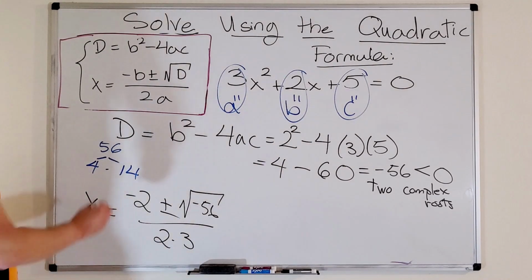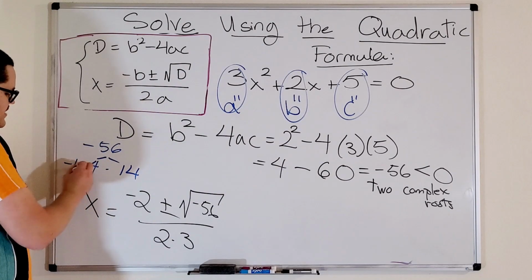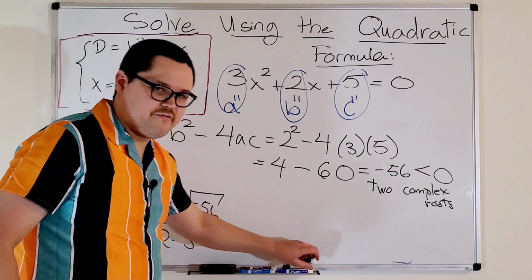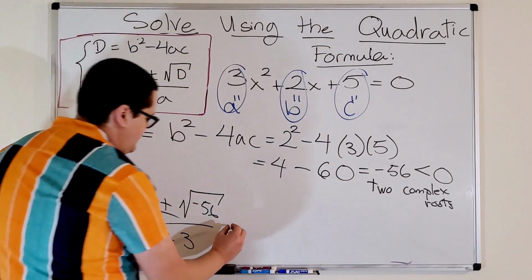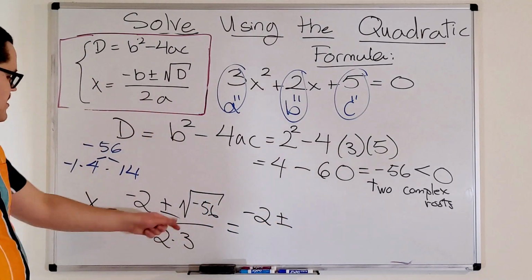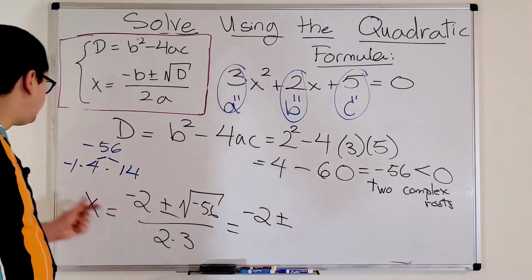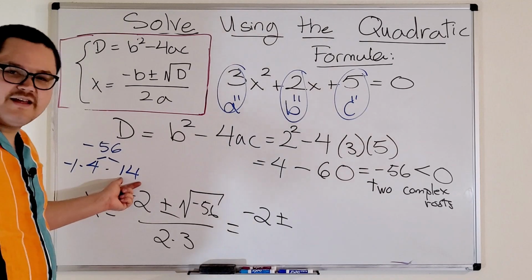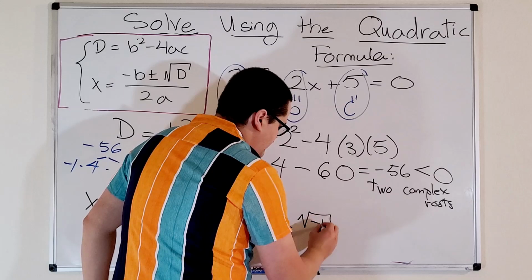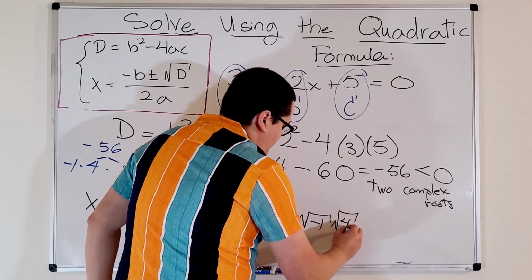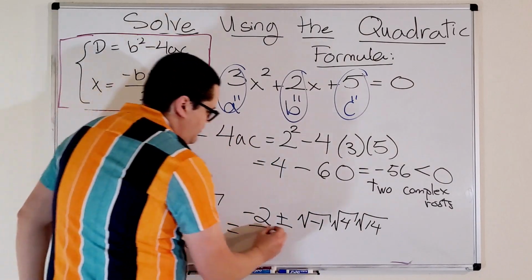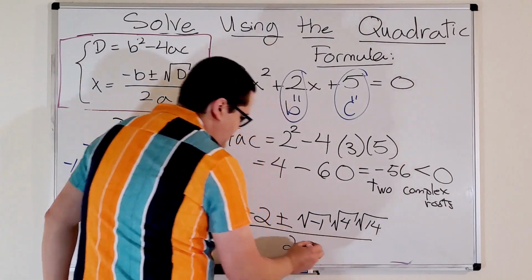So negative 56 is negative 1 times 4 times 14. So when we do the square root, this is equivalent to negative 2 plus or minus, well, since negative 56 is negative 1 times 4 times 14, its square root is the square root of negative 1 times the square root of 4 times the square root of 14. And this is all over 2 times 3.